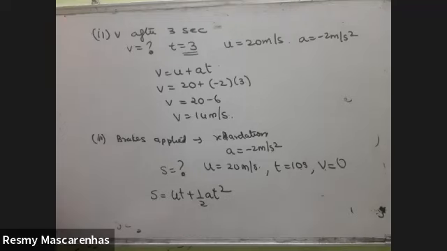Just put all the data and calculate the distance. A we have got as minus 2. S we have to calculate. U is 20 meters per second. T is 10 seconds. And V is 0.